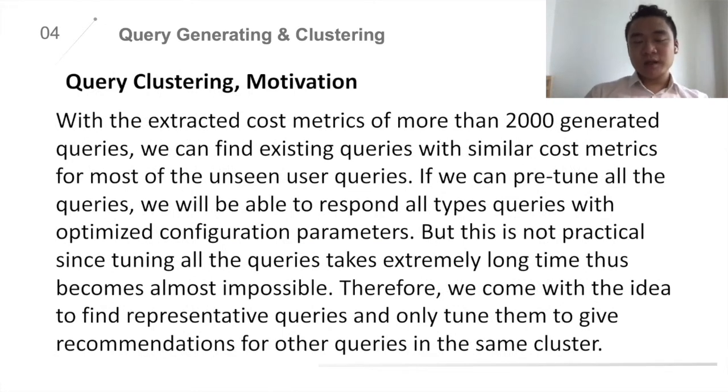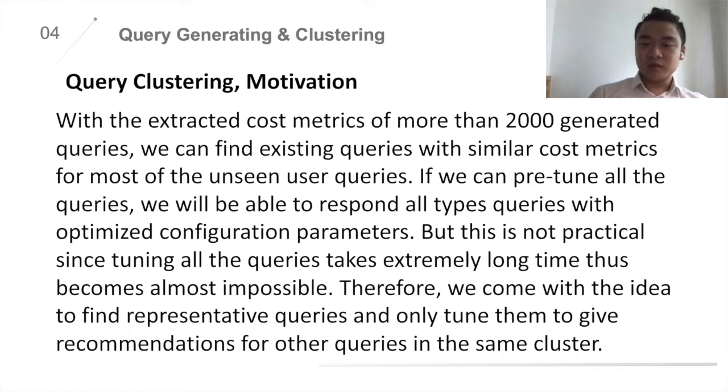So after generating and modeling enormous queries, we're going to cluster them. Our motivation is that if we can find the best configurations for all the generated queries, then we can respond to all types of queries very fast with optimized configurations.